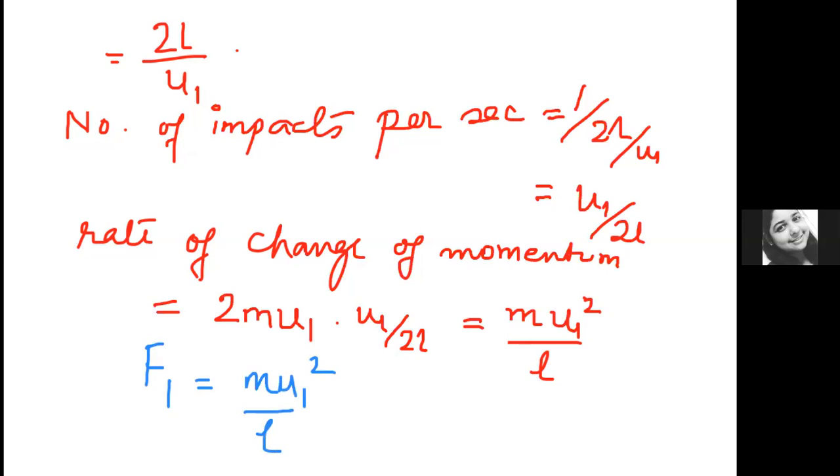Similarly, the force due to another molecule having a velocity, say C2, and whose components are considered to be U2, V2 and W2 respectively, will be given as F2 equal to mU2 square by L, and so on. Okay, so are you following?